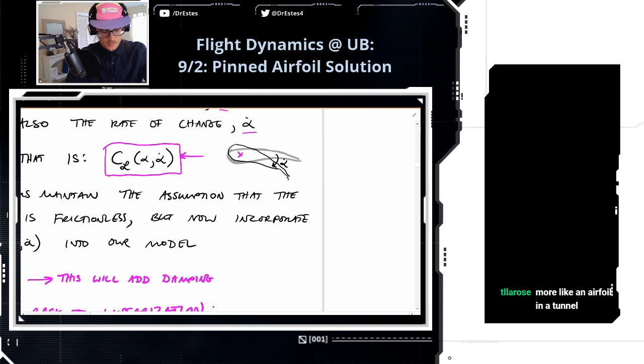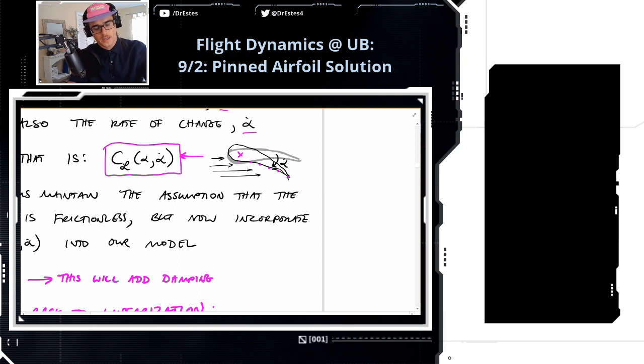Well, what happens is we have some relative wind, and if you start rotating this airfoil, the relative wind that's felt at different points along the airfoil is different.